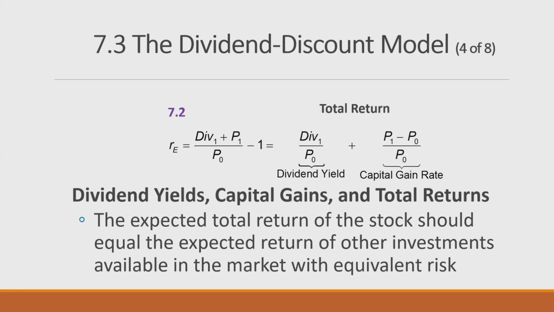Again, you see that 7.2 asserts that the total return of the stock should be equivalent to the cost of equity capital. This means that the anticipated overall return from the stock should match the expected return of comparable investments in the market with similar levels of risk.